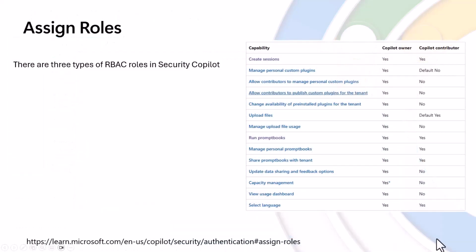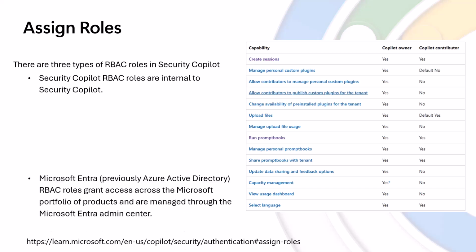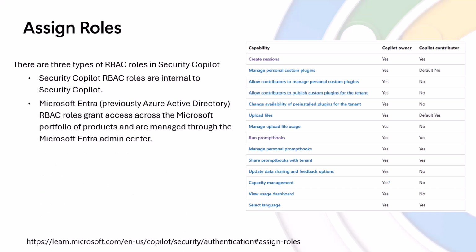There are 3 types of RBAC or role-based access control roles in Security Copilot. Security Copilot RBAC roles are internal to Security Copilot. For example, those shown here on the right. This table shows the default rights for the Copilot owner and Copilot contributor roles. Microsoft Entra RBAC roles grant access across the Microsoft portfolio of products and are managed through the Microsoft Entra Admin Center at entra.microsoft.com.